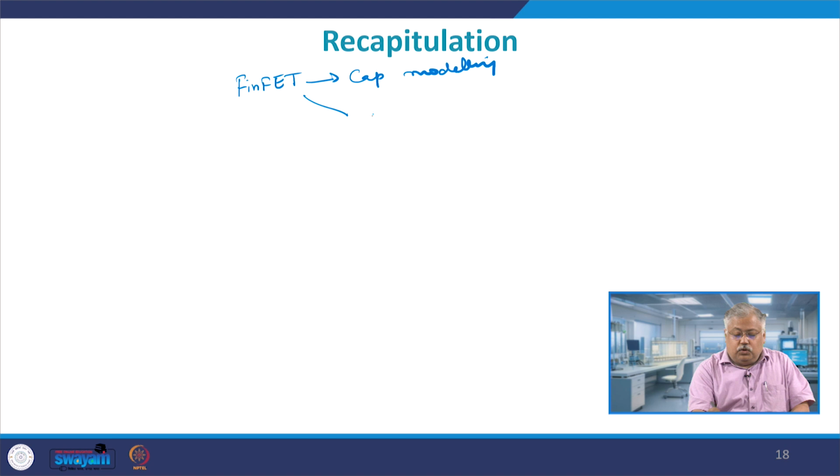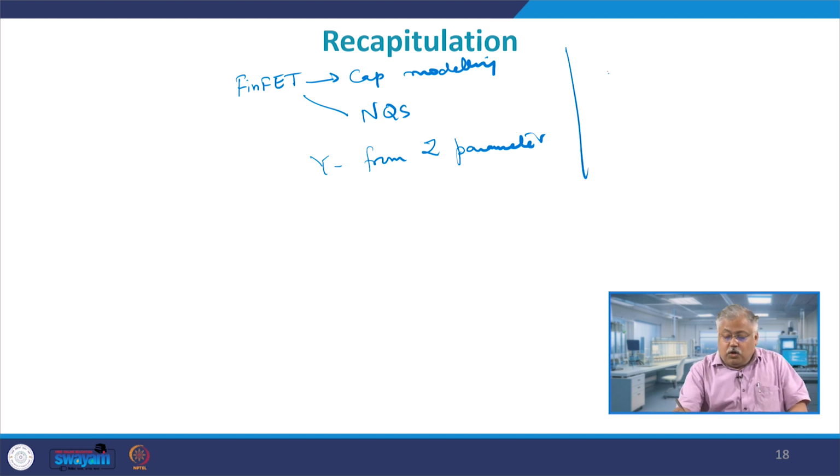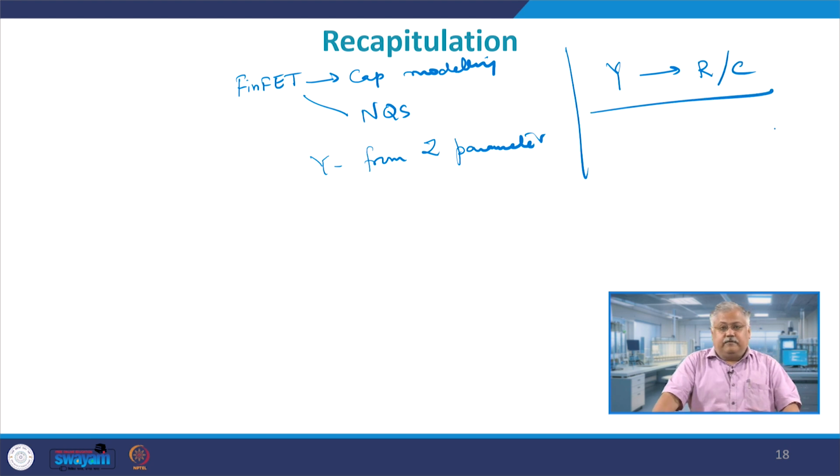We looked into the NQS model, and then we tried to extract the value of y parameters from z parameters, and from there we were able to achieve various values of y parameters and how y parameters are related to the resistive and capacitive elements in the device, right. And this gives you a brief idea that this is one of the methodologies by which FinFET high frequency modeling can be done.